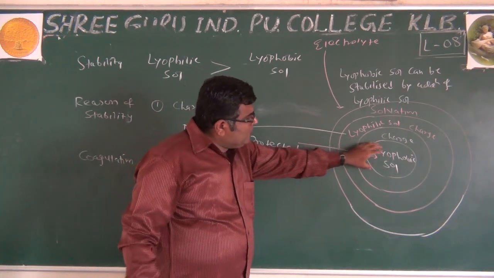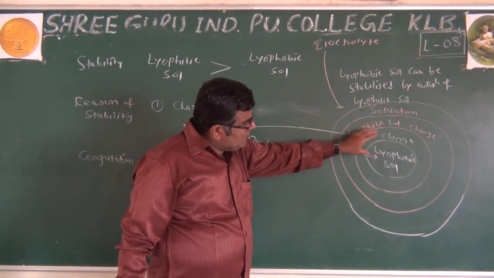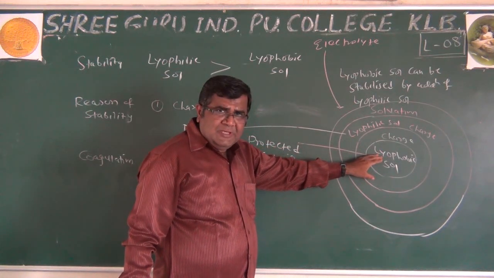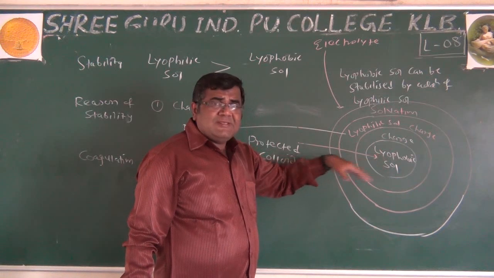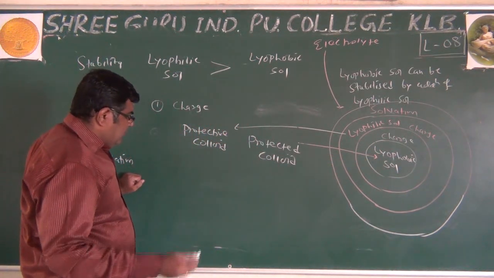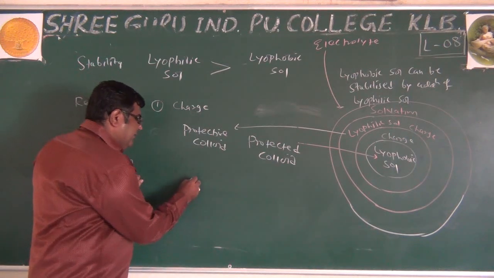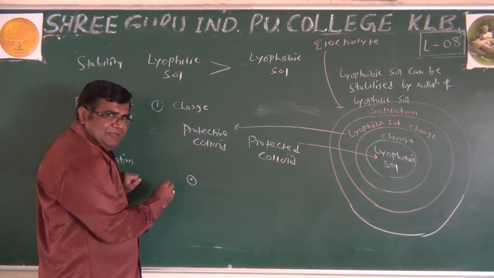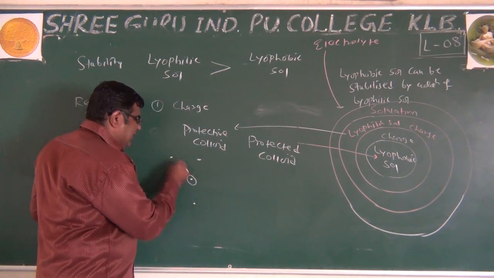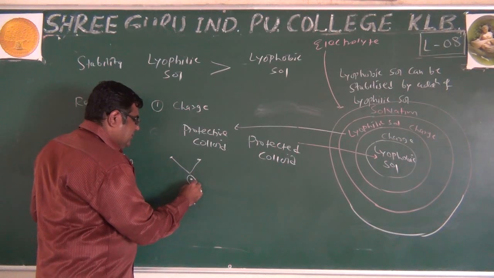So it is to be protected by addition of lyophilic sol, so that the lyophilic sol will protect the lyophobic sol. This is just like security provided. You might have observed or heard of Y security. If this person is there and is to be secured, bodyguards are provided like this.